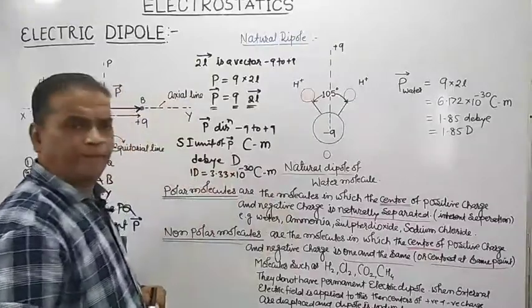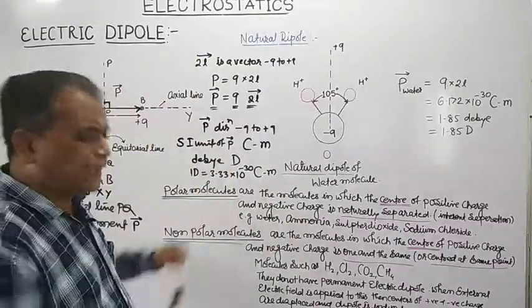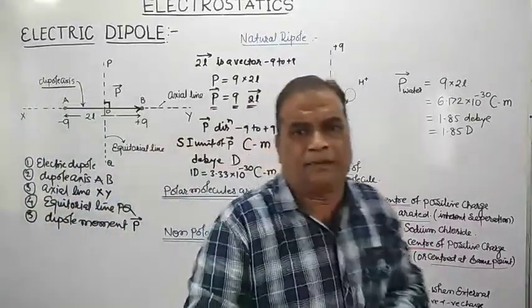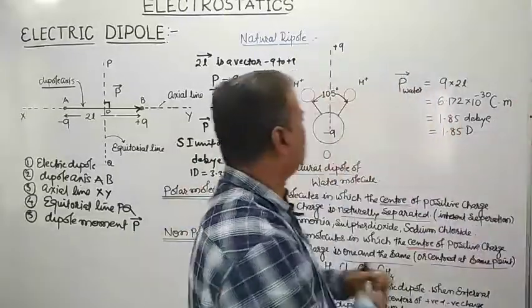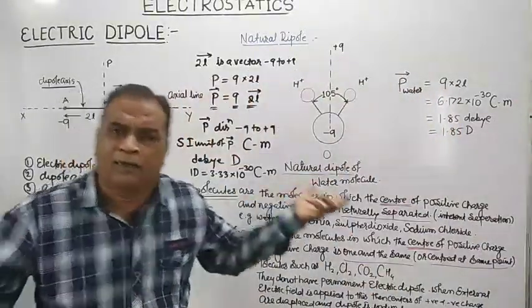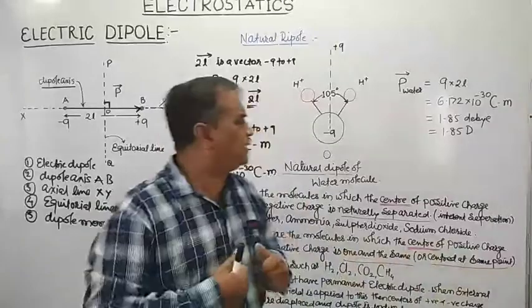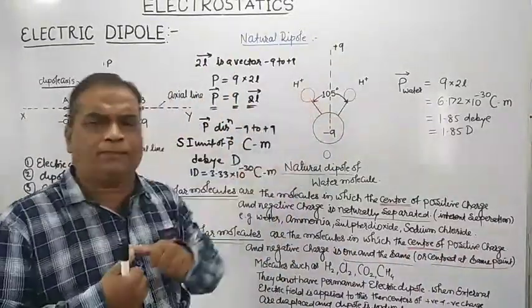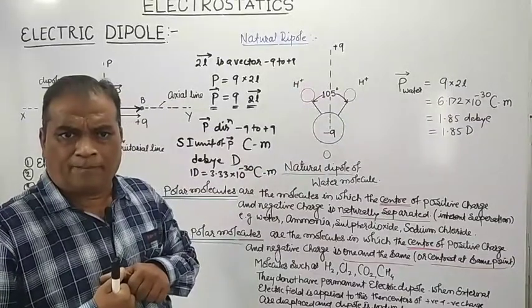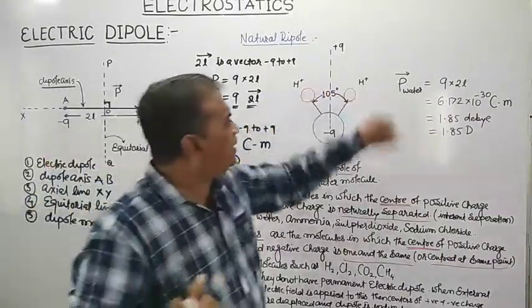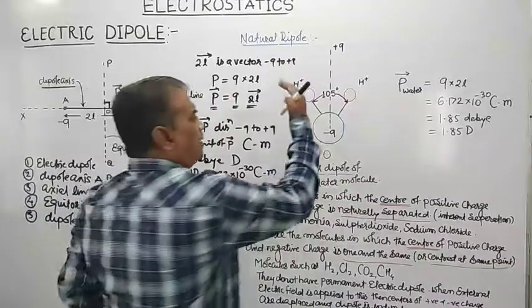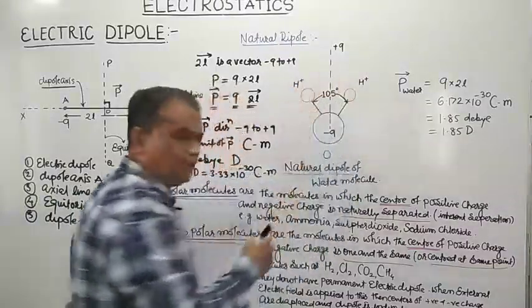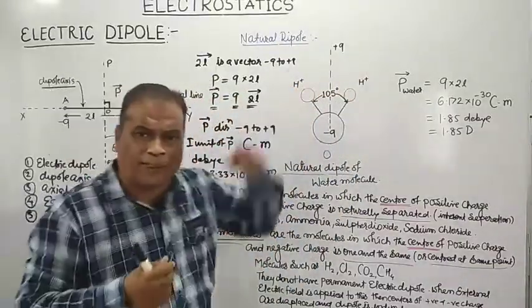Due to which, remember that as far as a water molecule is concerned, most of the positive charge is concentrated on the hydrogen atoms, whereas most of the negative charge is effectively concentrated on the oxygen atom. And it is clear, because the hydrogen-oxygen bonds are separated by 105 degrees.